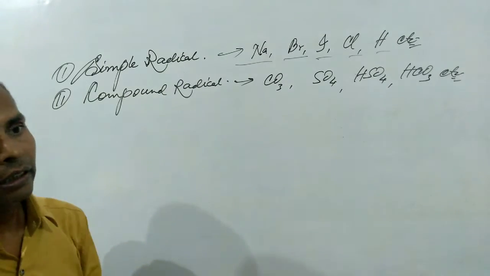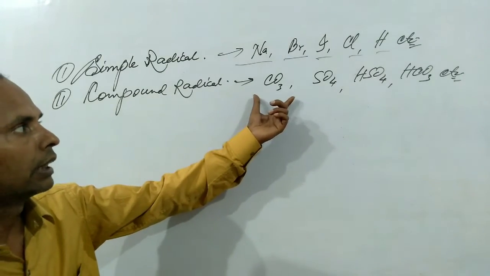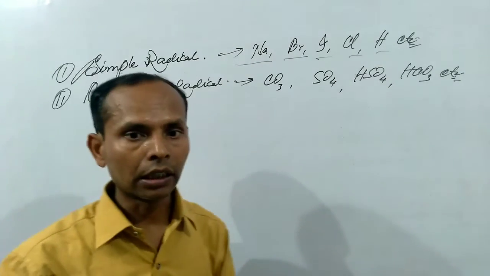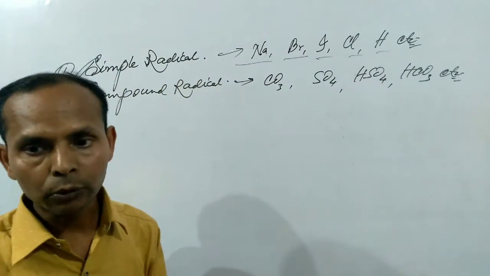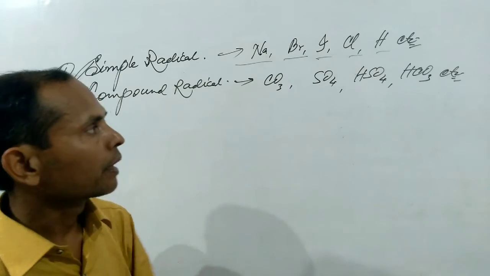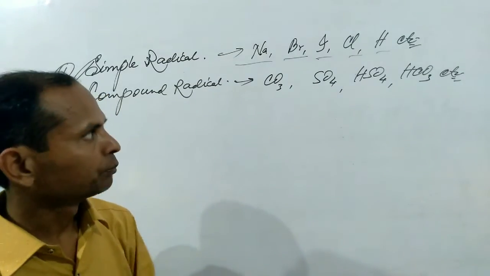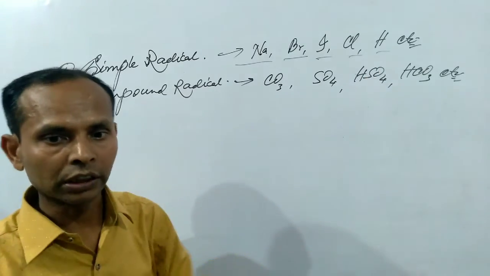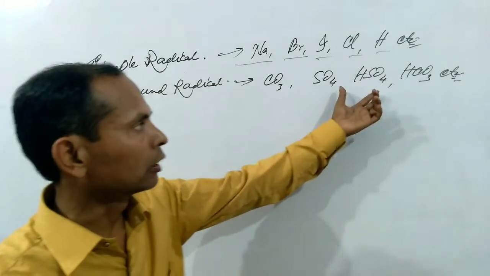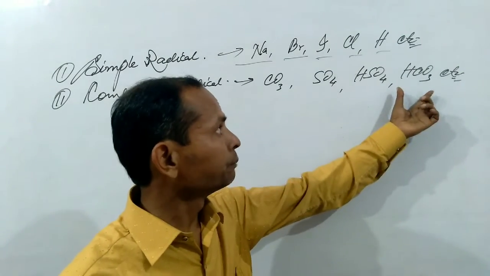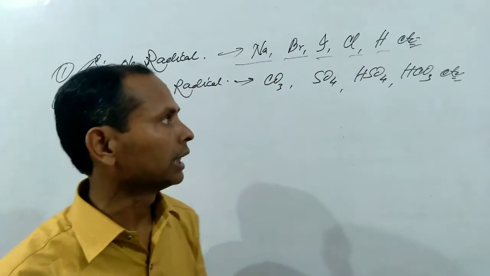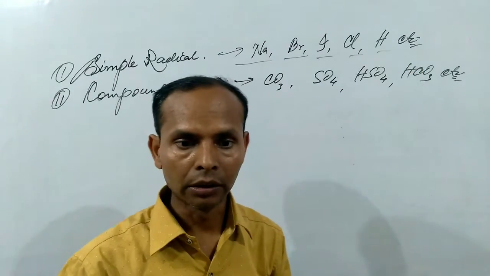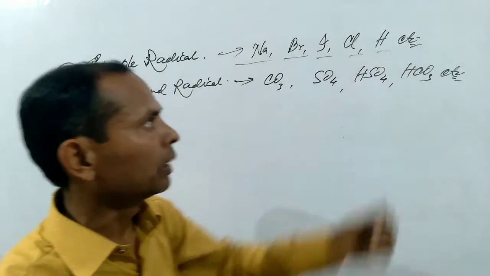In carbonate radical, one atom is carbon and three atoms of oxygen are present. In sulfate radical, one atom of sulfur and four atoms of oxygen are present. In bisulfate radical, one atom of hydrogen, one atom of sulfur and four atoms of oxygen are present. So it is called a compound radical. Similarly, bicarbonate radical contains one hydrogen atom, one carbon atom and three atoms of oxygen. So it is called a compound radical.